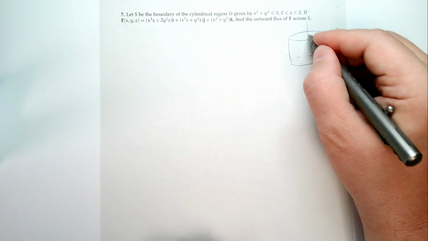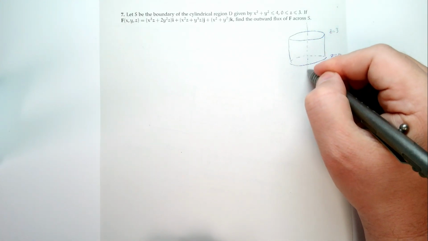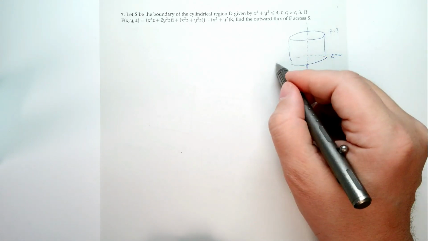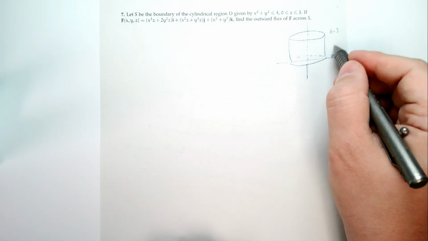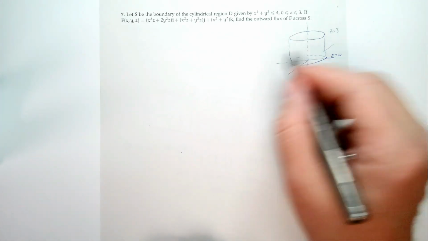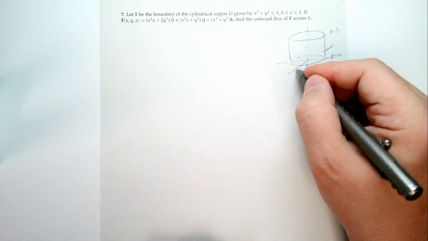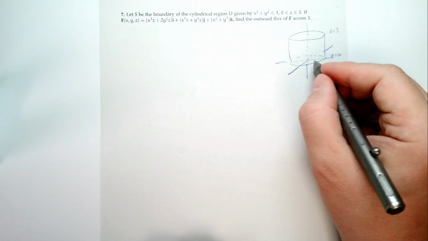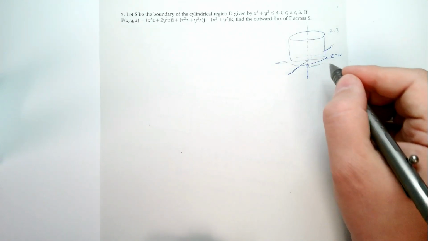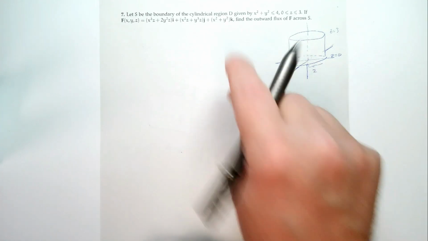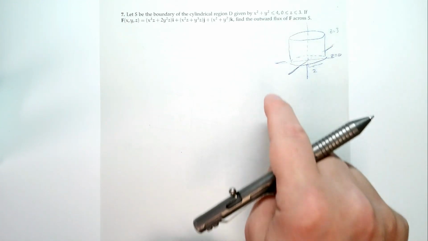We have our z-axis running through here, and all right, so there's our shape. And we should point out our radius here is 2, because 4 is 2 squared.